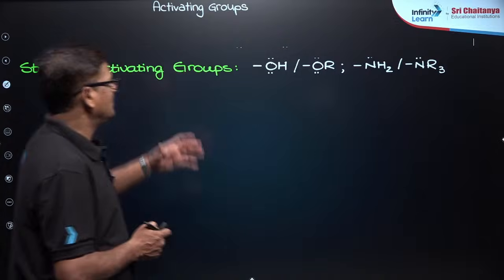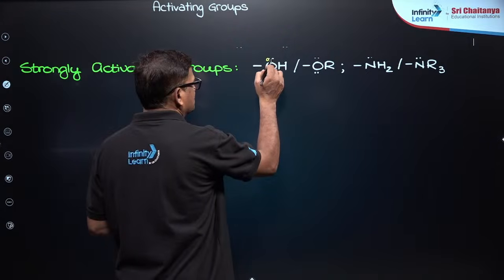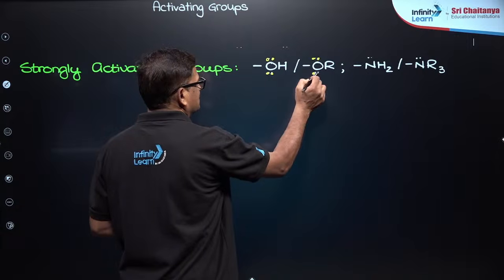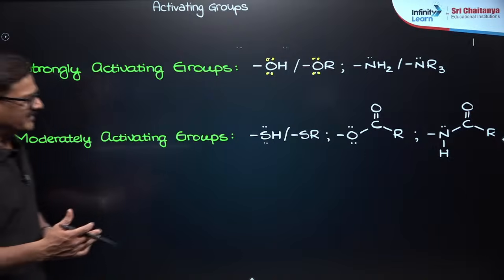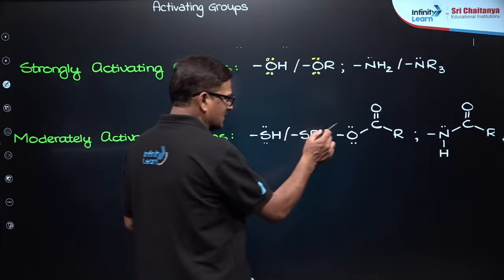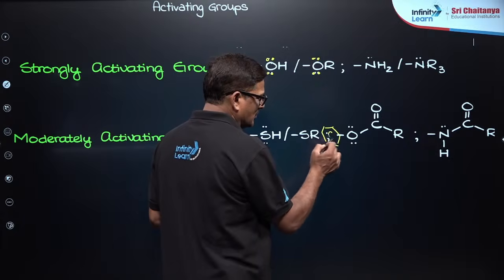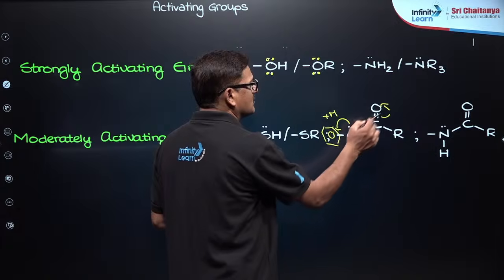And those have a positive mesomeric effect because they have a lone pair of electrons on them, isn't it? Like this. And also, moderately activating groups: whenever such a group is on benzene, if it has a positive mesomeric effect, it has a cross conjugation.